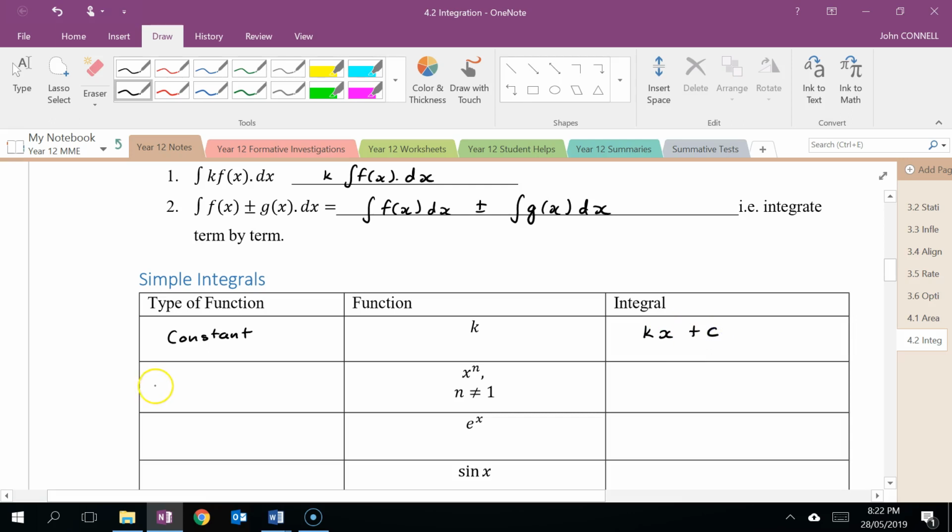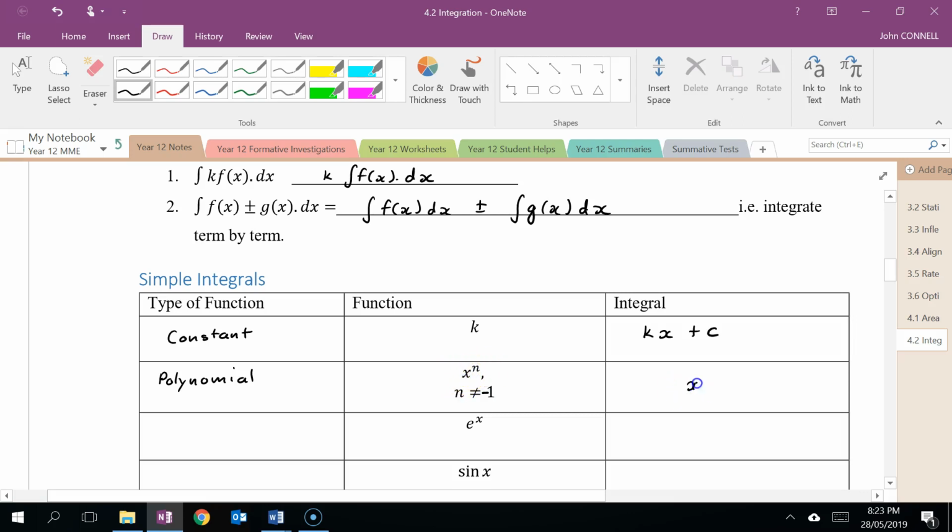Okay, so if I've got a polynomial, x to the power of n, and we're not going to consider n equal to minus 1, because that's a little different. But if we're just taking x to the n, we knew that when we differentiated, we multiplied down the power and then subtracted 1.